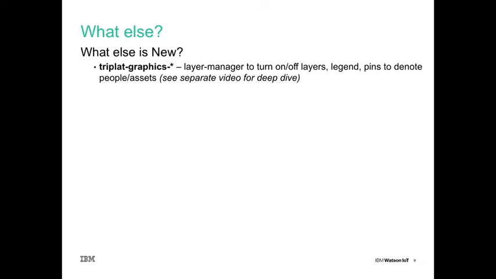So what else is new? We've made some enhancements to the TriPlat graphics. We've added plugins for a layer manager to allow you to turn on and off layers. We've added a legend plugin, and we've added pins to denote people and assets. And you can see a separate video that goes into a deep dive of the new TriPlat graphics plugins.